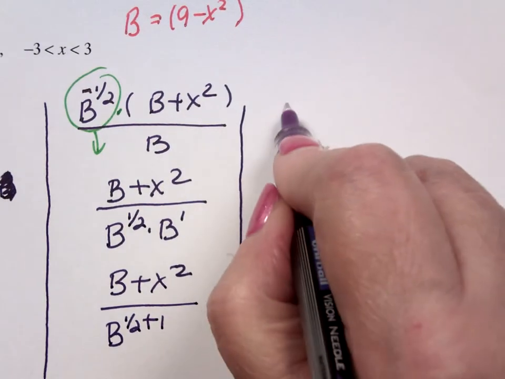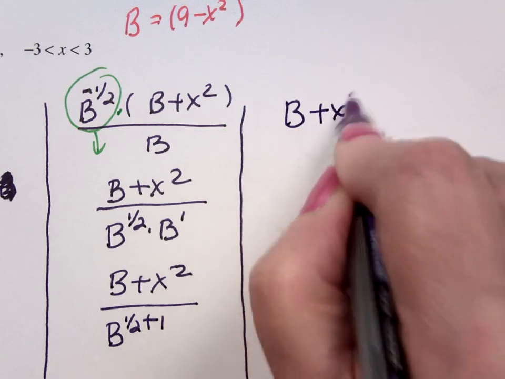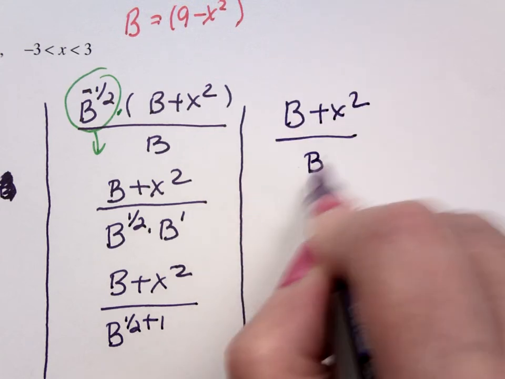So this becomes b plus x squared over b to the 3/2.